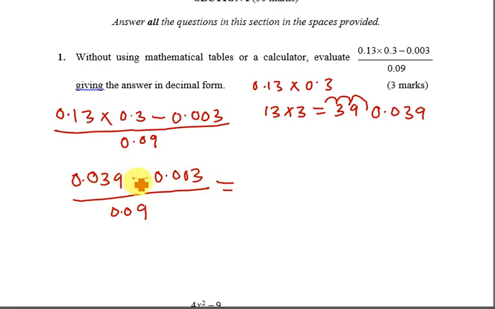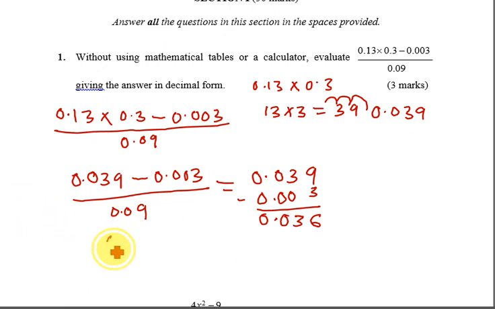So again, we subtract what we have here. 0.039 minus 0.003 will give us 36, so this one will be 0.036 divided by 0.09.